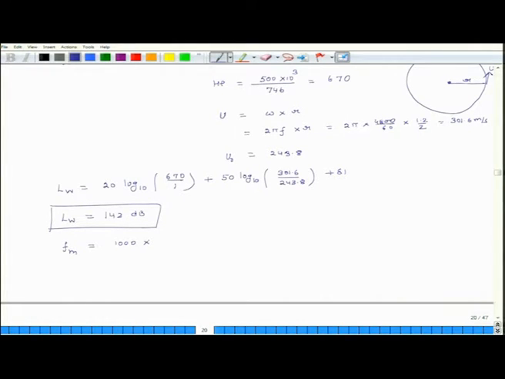For centrifugal compressors the relation is 1000 times U by U0, and that is 1237 hertz. So, this is the second important piece of data. What this means is that the sound power level coming out of this compressor will correspond to 142 decibels, and it will be maximum at 1237 hertz.